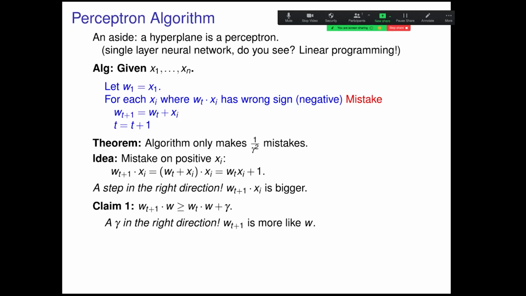W_{t+1} is more like the real solution. Are we normalizing W_{t+1}? No. He asked a crucial question. You've made W_{t+1} larger, so you can be more like everybody just by making it larger. That's kind of cheating, but we'll deal with that. At least this dot product gets bigger.